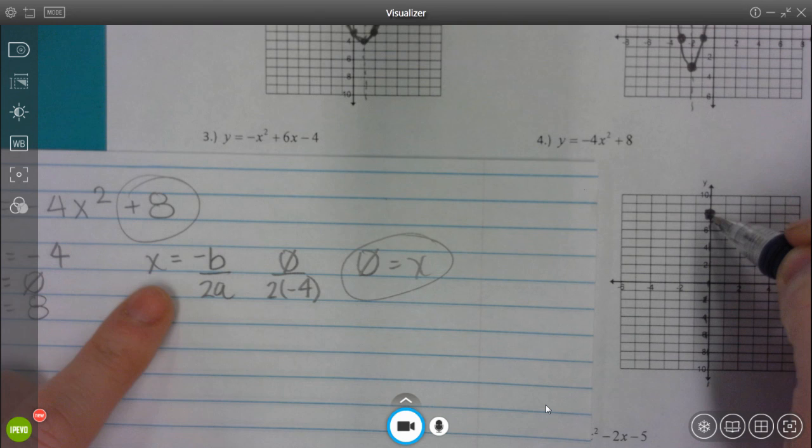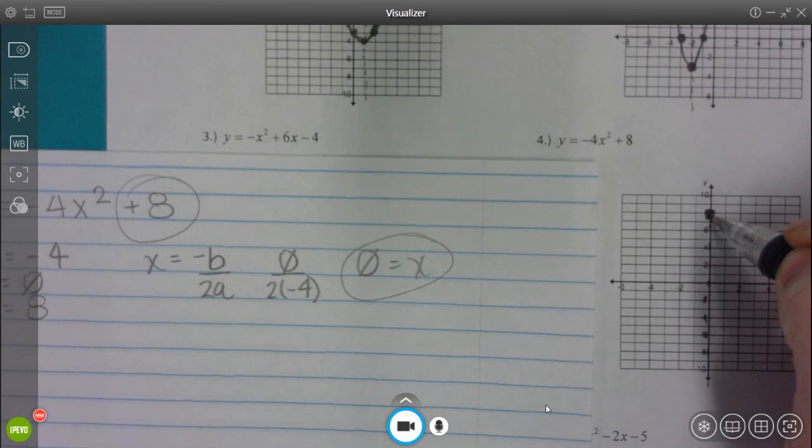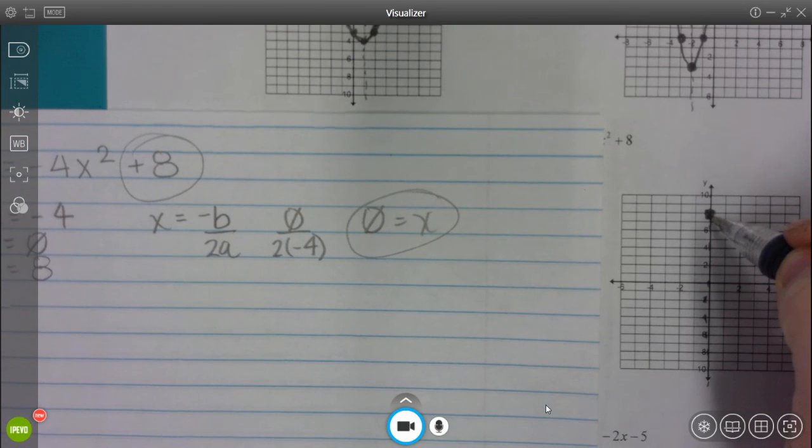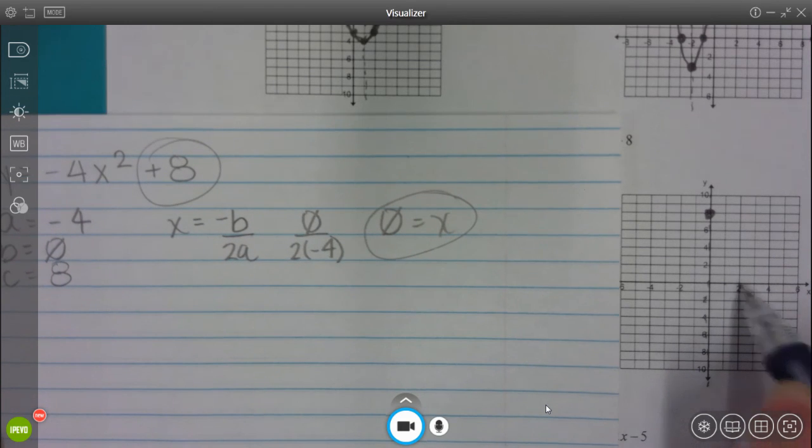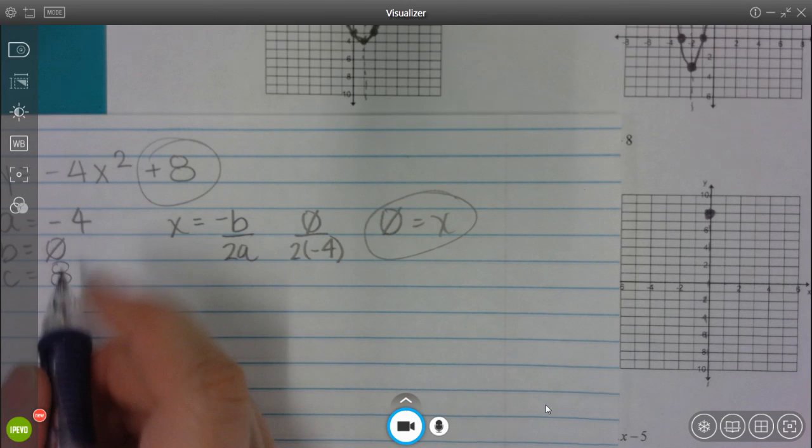There's no reflection that I can do. So I have to find 2 other points now instead of just 1, and then use those points to reflect. So I'm going to do 1 and 2 as my x values, and then I'll use those coordinates to reflect.